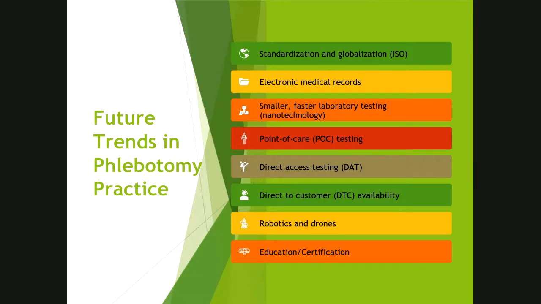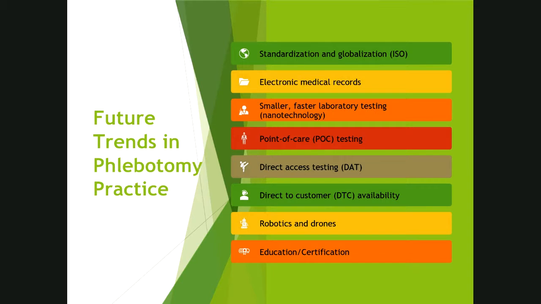Future trends in phlebotomy practice. So again, ISOs. Electronic medical records allow physicians to view procedures and labs that were performed at other facilities. Smaller, faster laboratory testing, so nanotechnology. This is the use of a single drop to test blood, which goes into point of care testing.